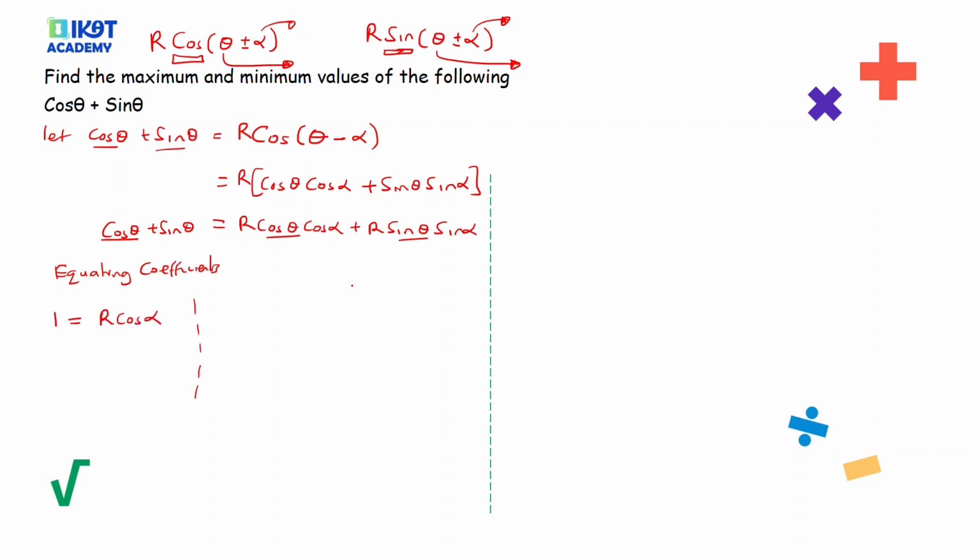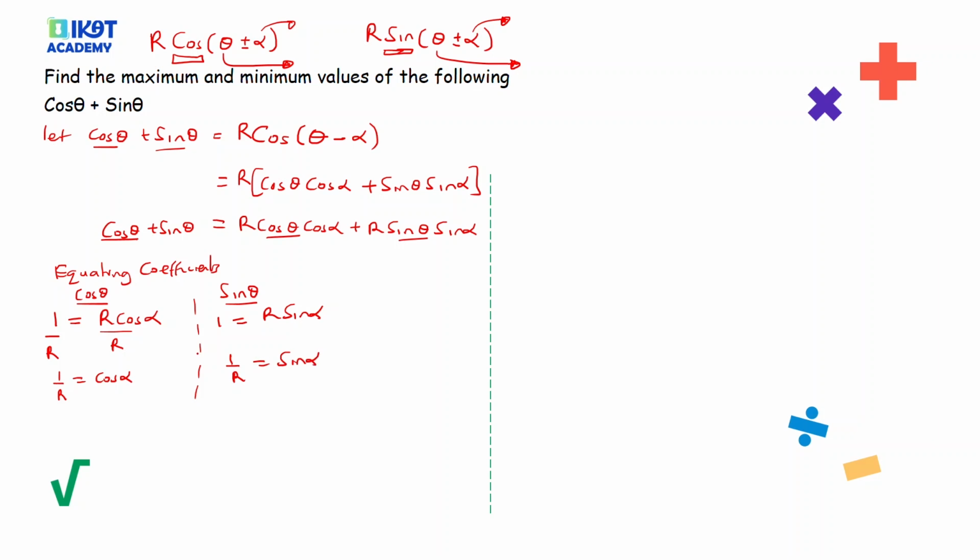Then the coefficient of sine theta: this side it's 1, and the other side it's r sine alpha. So we divide by r on both sides, and we get 1 out of r is equal to cos alpha, and 1 out of r is equal to sine alpha.